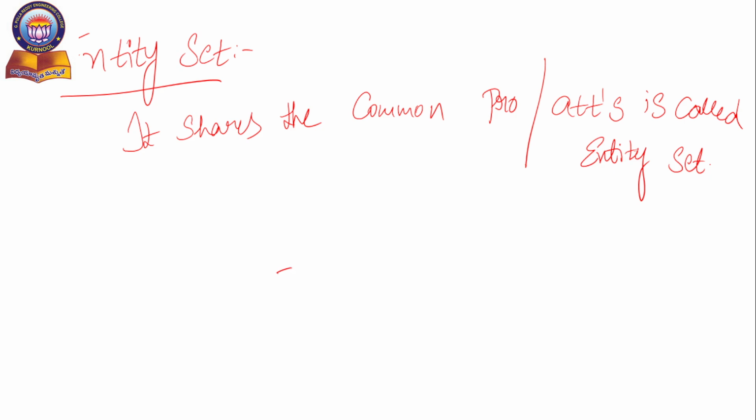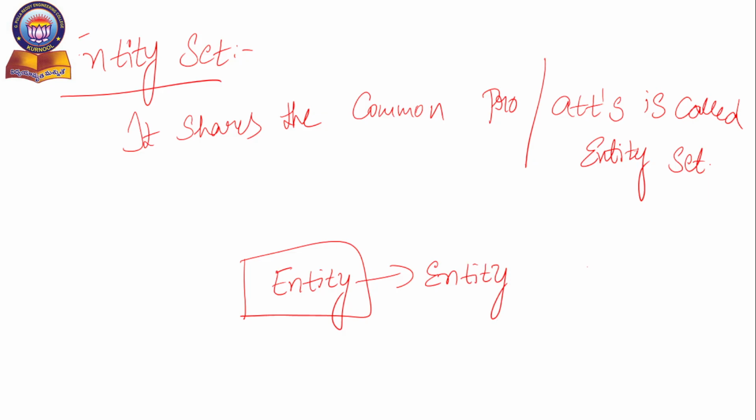For example, E1, E2, E3, E4. These are the entity sets.